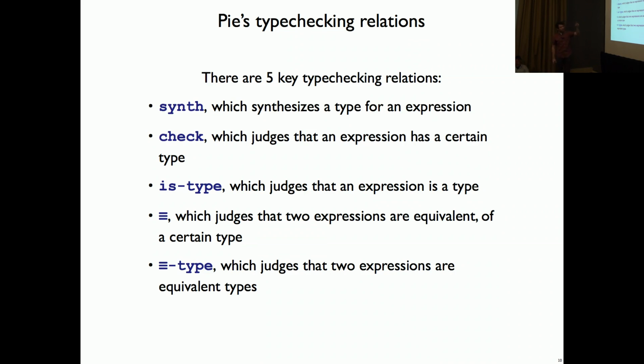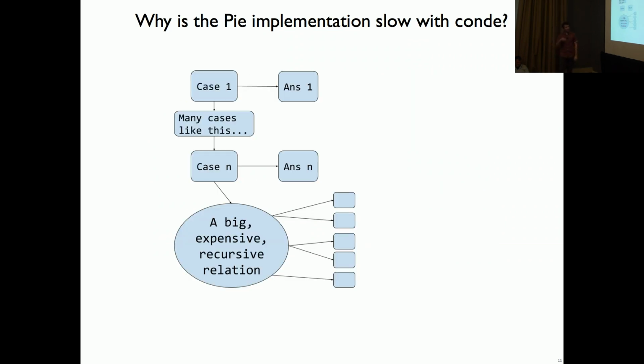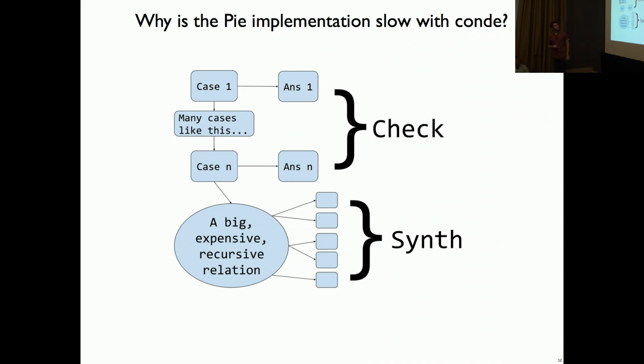And the reason that we have two relations for check and is type and equivalence of types is because in Pi, just to keep things free of paradoxes and also easy to understand, it's simply stated that U, the universal type, is not a U. So we have this hierarchy of separate relations. And kind of the paradigm that these all follow, or many of them follow, for example, check and synth, is that there's some small number of cases that are handled directly by, for example, check or a given relation.